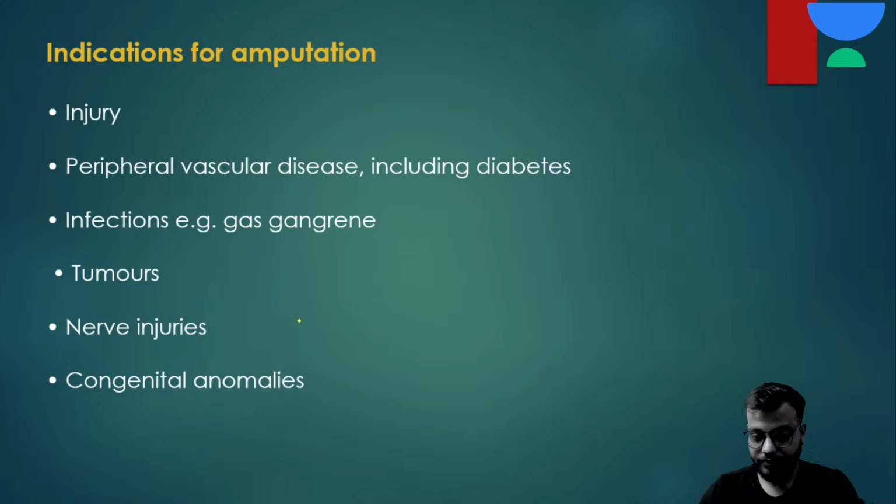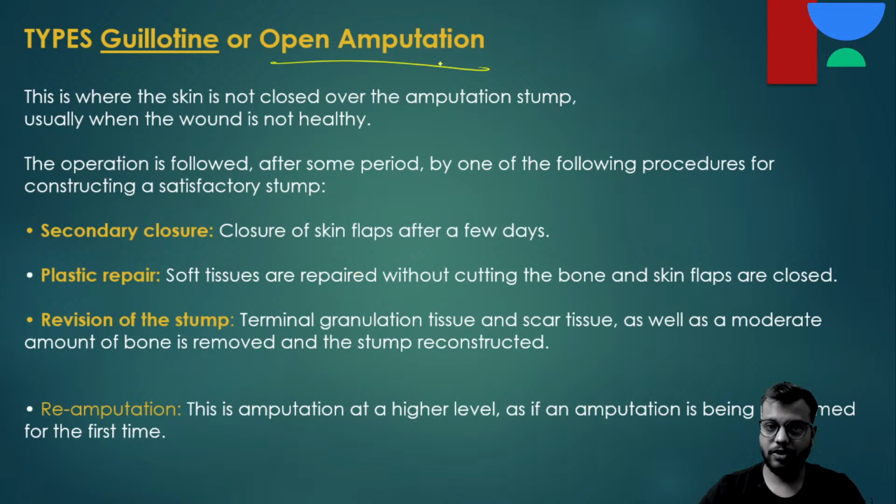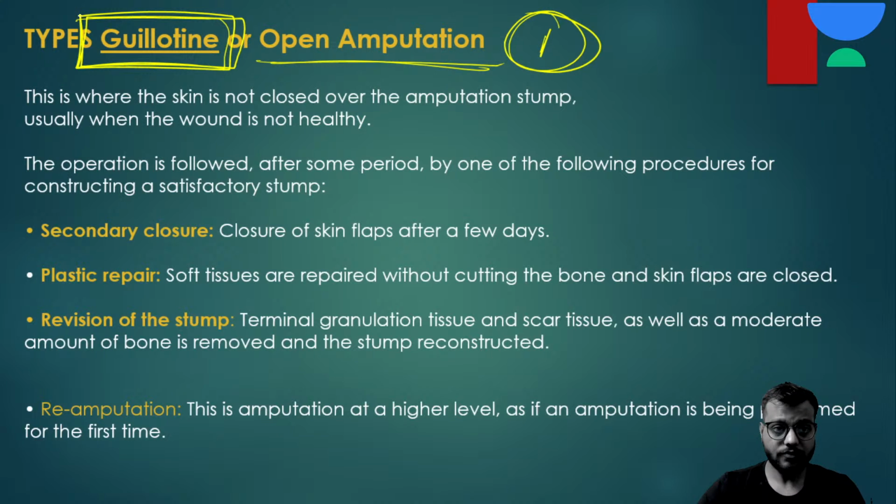Okay. Now types of amputation. Basically there are two types of amputation, open and closed. First is the open amputation, that is also called guillotine amputation. As the name suggests, here you will not do the closure of the skin, that is, primary closure.